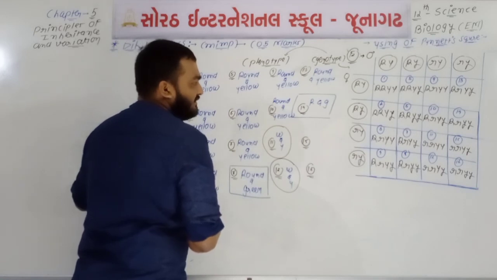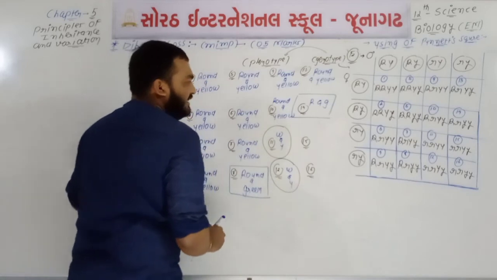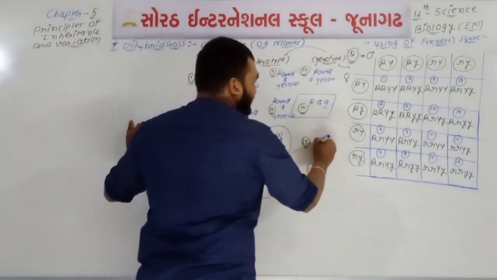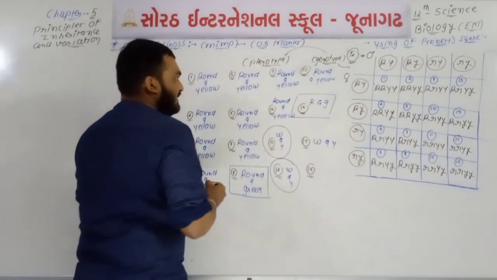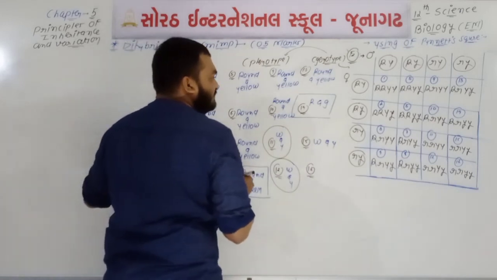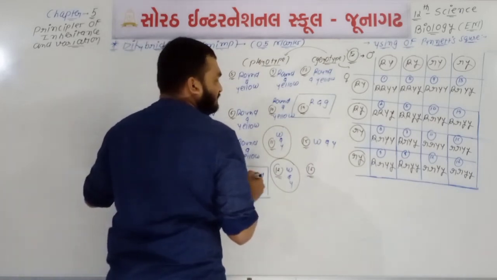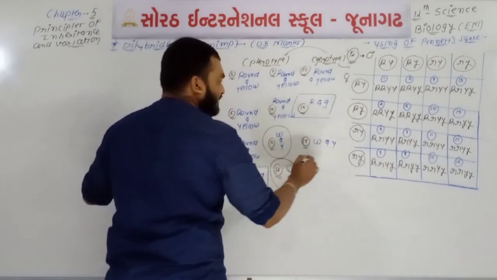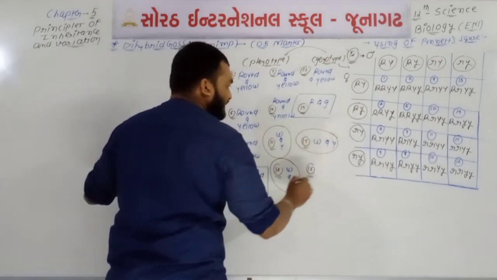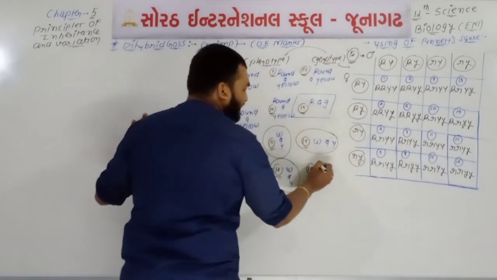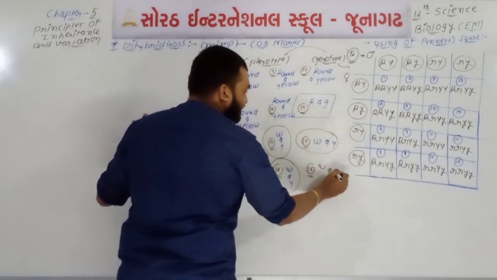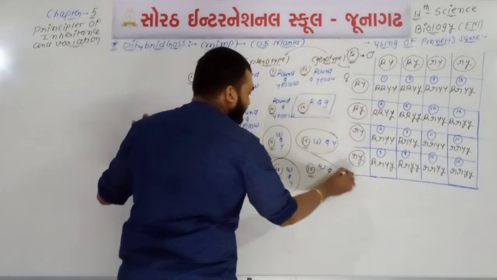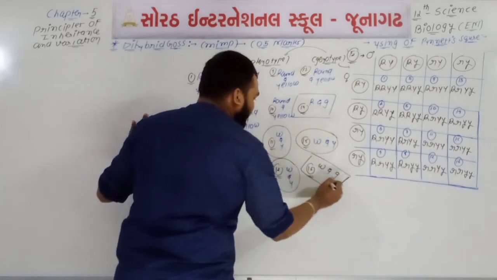Round and green. 15 is what? 15 will be the wrinkled and yellow, like this. And this will be the small r. Small r plus what? Small r plus wrinkled and green. This is also different. Wrinkled and green.